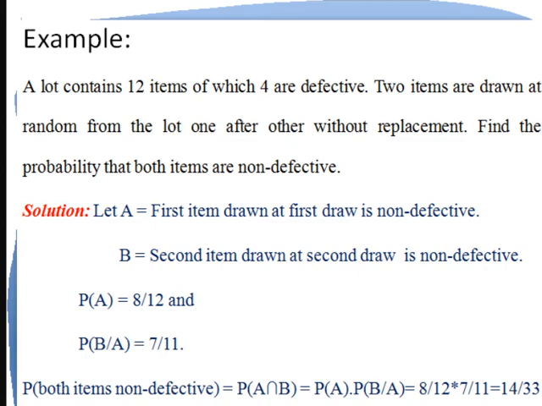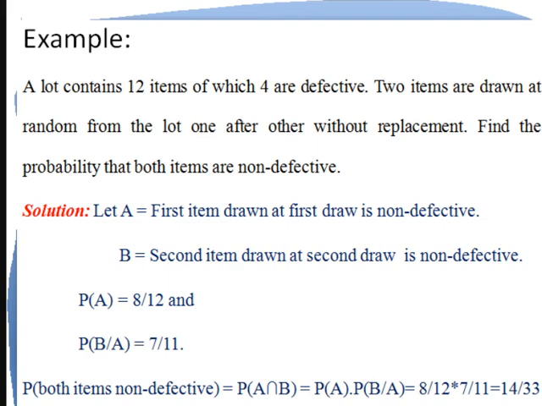And now to find the probability of event B, in the first draw we have drawn one item from the lot. Now the lot remains 11 items. Now the probability of event B, that is conditional probability of B given A, is equal to 7 by 11.